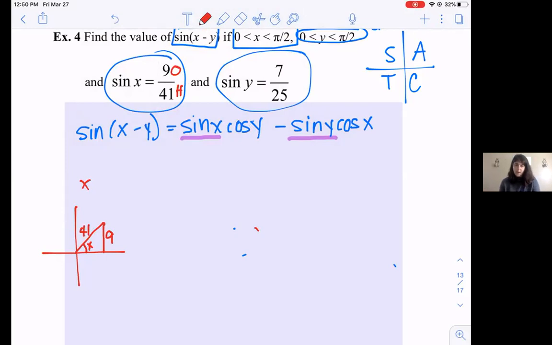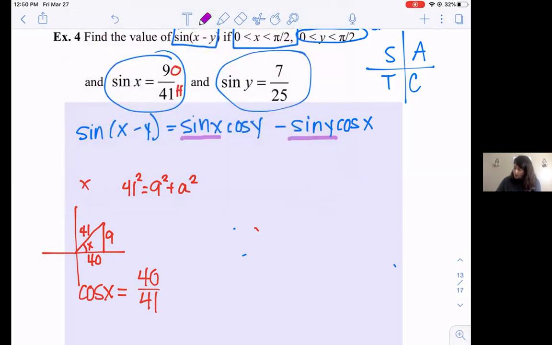Okay, I'm just going to use the Pythagorean theorem to find that third side. And when I do that, I get 40. So that means that the cosine of x is 40 over 41.